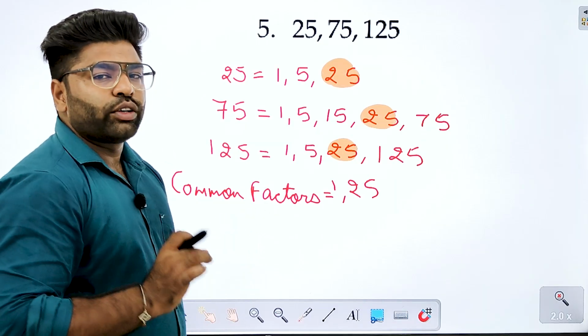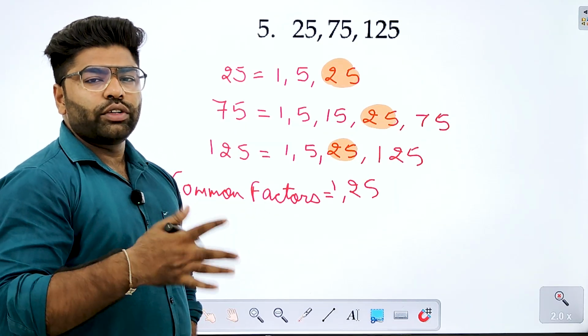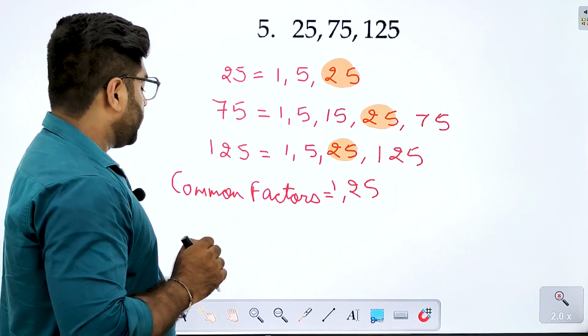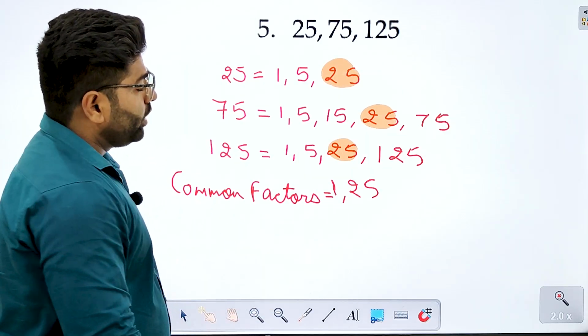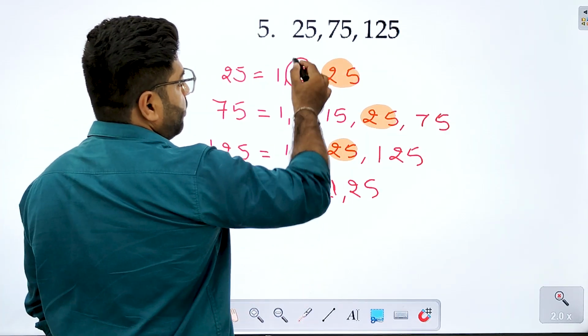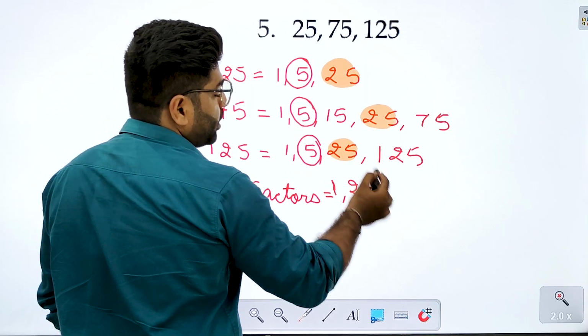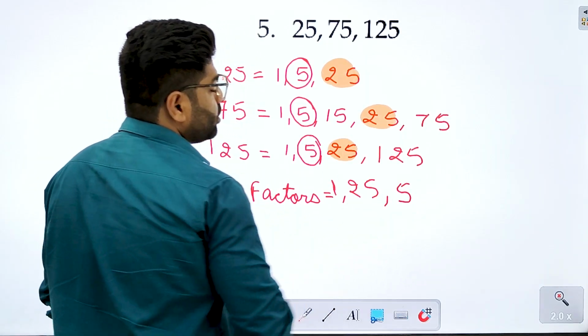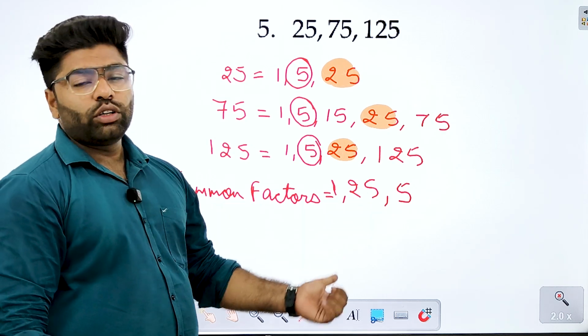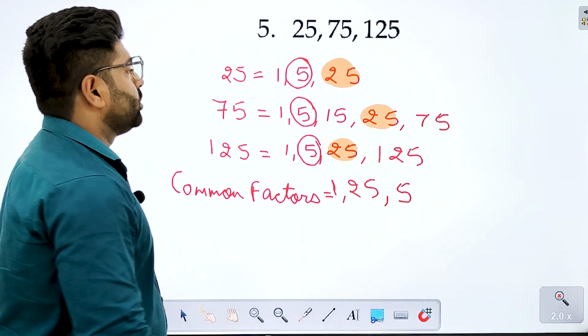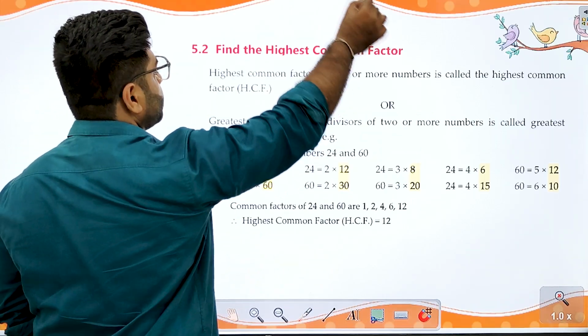Actually 1 is the common factor of every number whichever you take. So we will consider 1 and 25, and this 5 is also coming in these three numbers. So we have common factors 1, 5 and 25. Clear? So these are the common factors of these numbers.